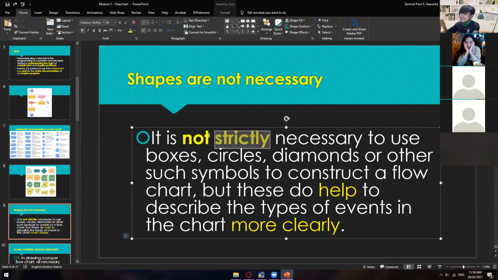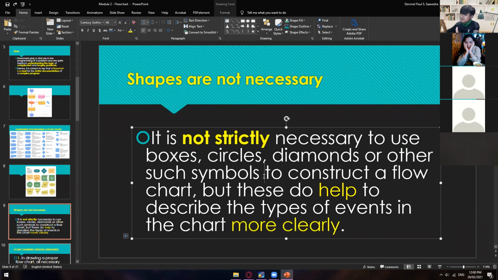So yeah, it is not strictly necessary to use boxes, circles, diamonds, or other such symbols to construct a flowchart. But these do help to describe the types of events in the chart more clearly, especially if you have legends at the bottom right or bottom left.